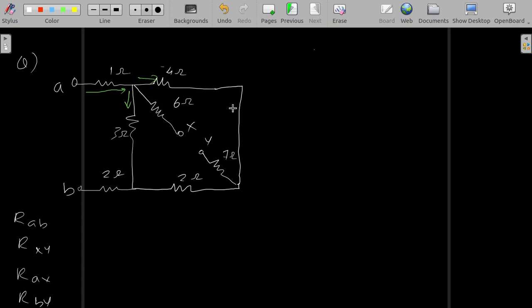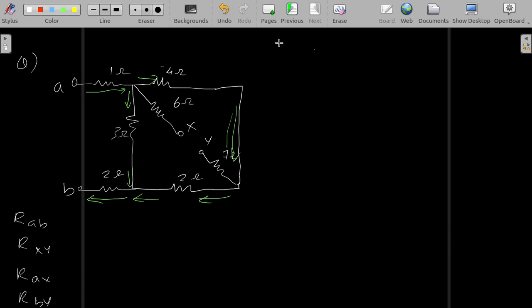So current will come here. Again at this point, it will go here, but it won't go this way because of the same reason. And at this point, current is coming here, current is coming here, they both join and it will pass through here. This is how the network works.